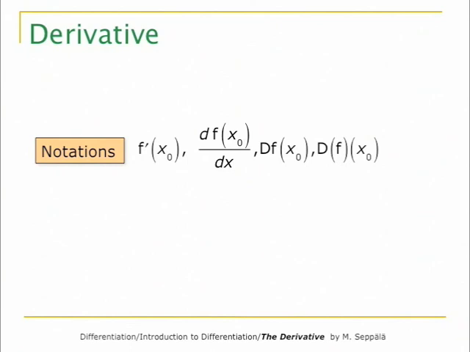This is not a fraction, it is read df dx. And then we use the differential operator capital D: capital D f and then x0 in parentheses, or capital D and f in parentheses followed by x0 in parentheses. They all denote the derivative of the function f at the point x0.